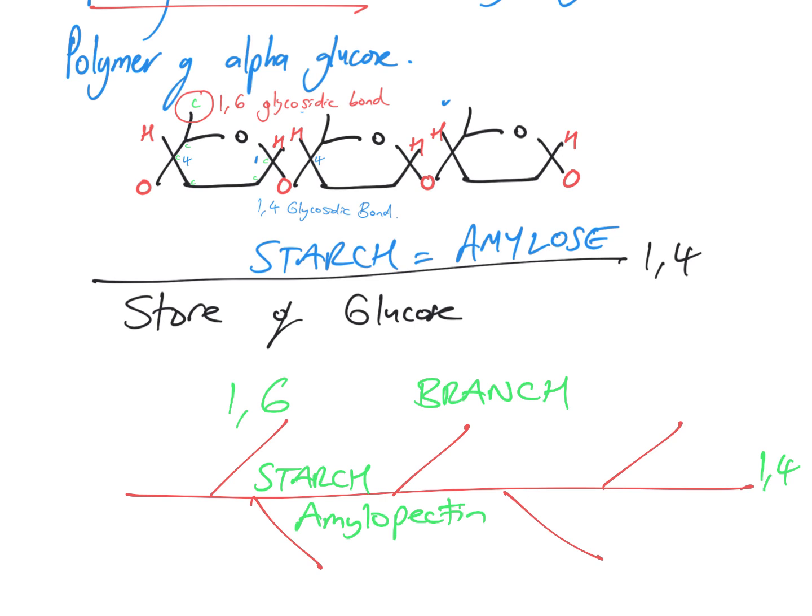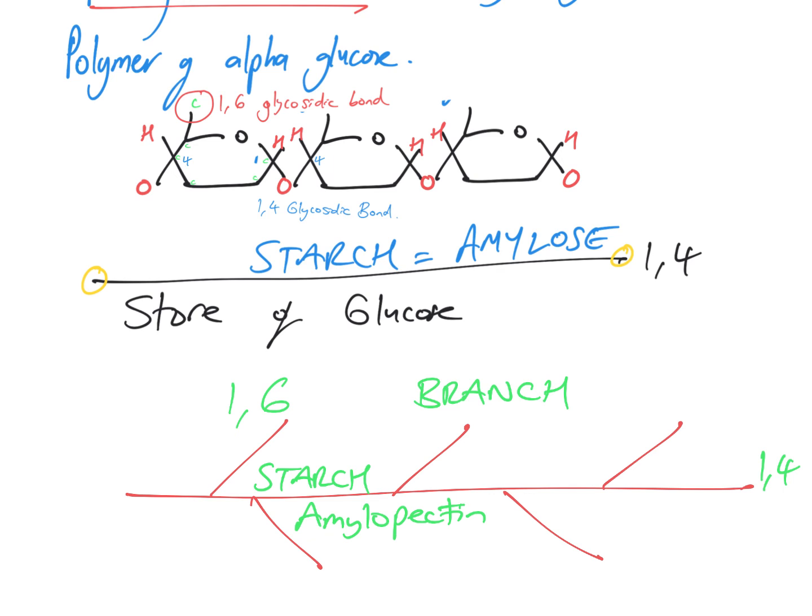So in plants, glucose is stored as amylose and amylopectin. Amylopectin is more branched, which means you can store more. The reason it's better to be branched is this: if I wanted to hydrolyze starch and only had amylose, I could only gain 2 glucose molecules every time I break it down, because you can only do it from the terminal ends.